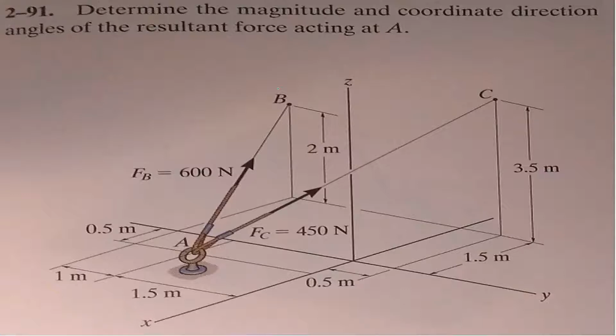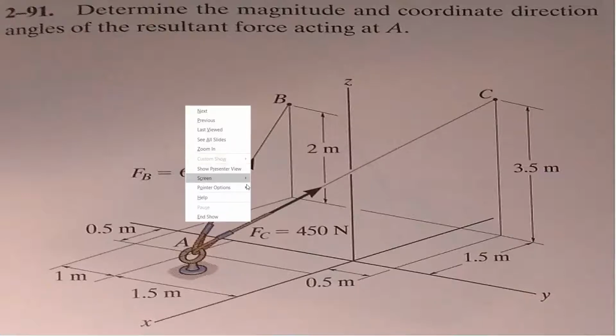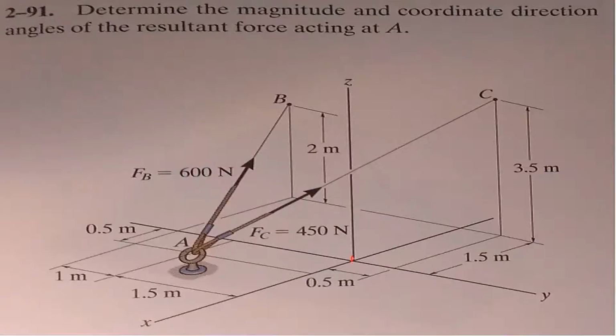What we have to do here is first find out its coordinates. This is your origin, 0, comma 0, comma 0. Now you have to find the coordinates of A, B, and C. This will help you to understand more.